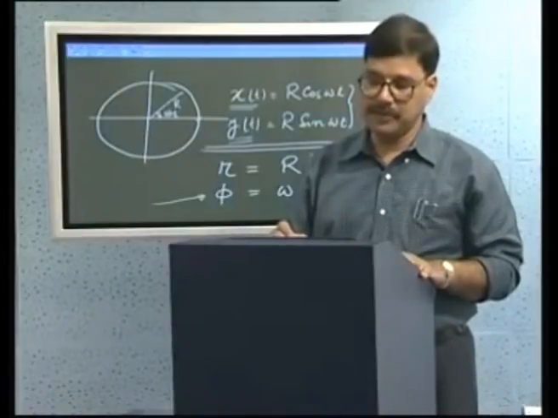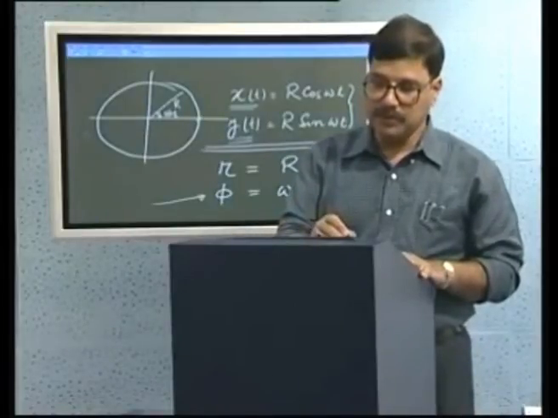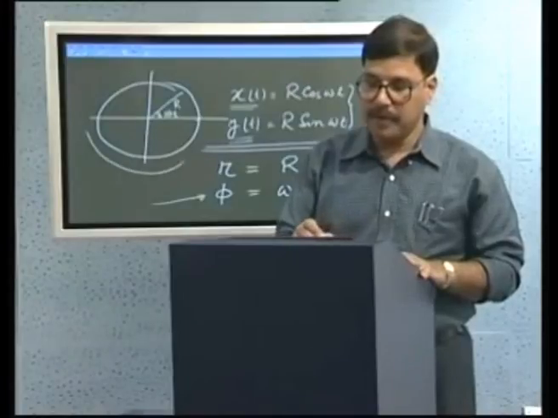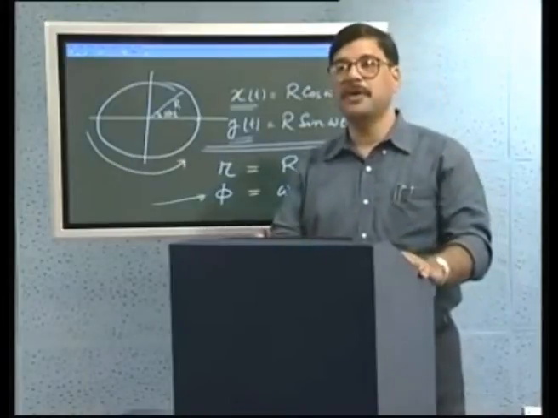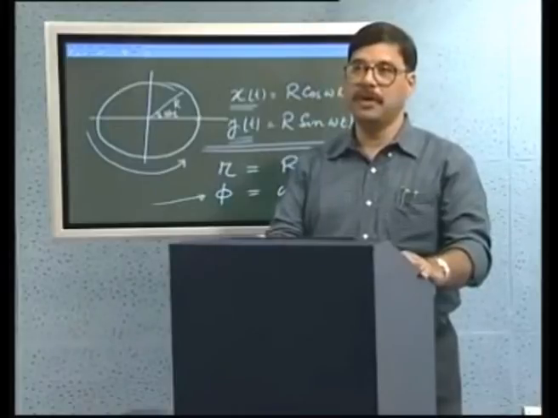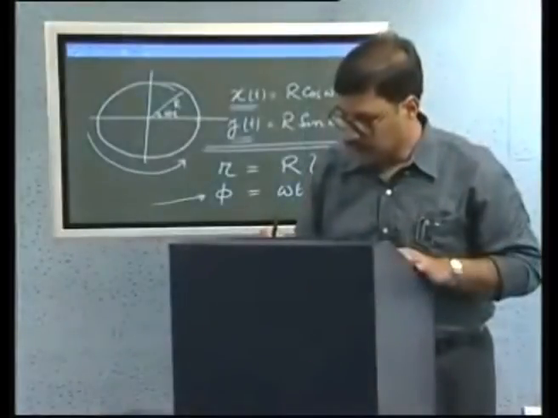As you can well imagine, this is most useful system when a particle is making rotatory motion or moving around in a circular manner. So let us start with the description of planar polar coordinate system.